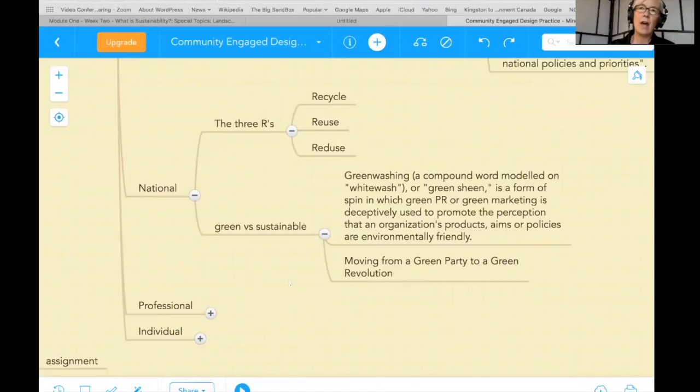And there are a lot of people that do that. There is a great discussion in this article that talks about moving away from a green party, as in a party having fun, not the Green Party as part of the presidential campaign, to a green revolution. And what does it take to really move? Those are the things that we're really seeing at a national level, not so much policy.